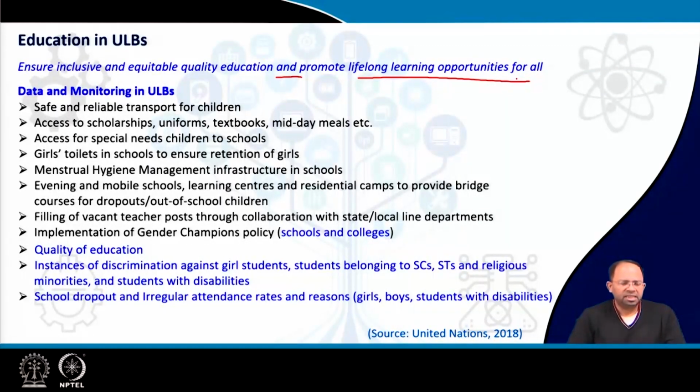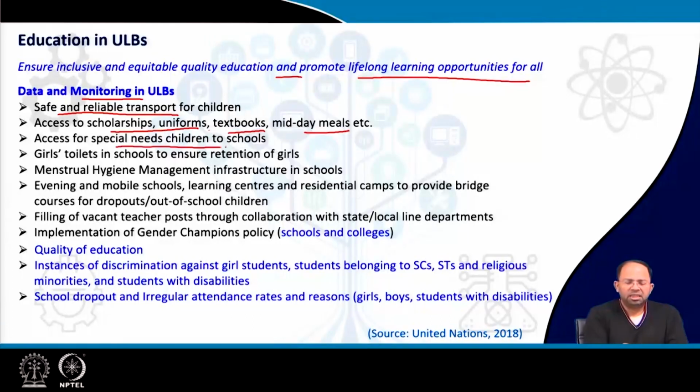But in general, in terms of data and monitoring in ULBs, we have to look at not only education but also safe and reliable transportation for children to schools, and access to scholarships, uniforms, textbooks and midday meals. So that means everybody should be getting this, whether from a poor background or a rich background.